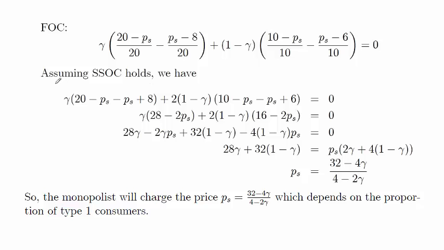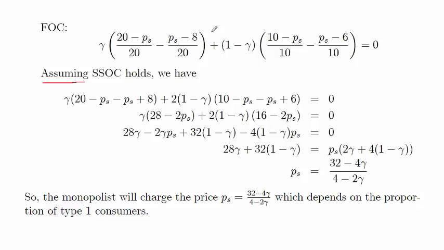Now, we must do one more thing. We actually need to check whether the sufficient second order condition holds. We're not going to do it, we're just going to say that assuming that it does hold, and you can check that it does, really.